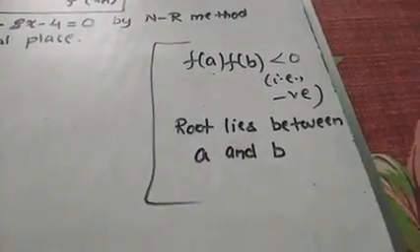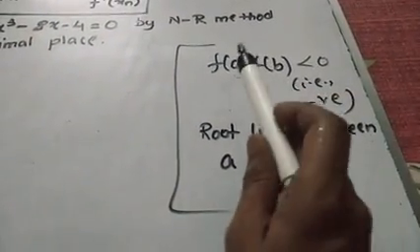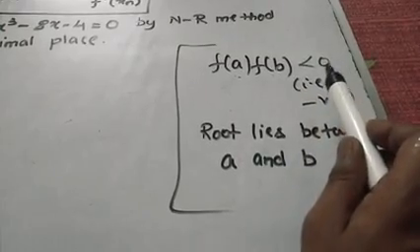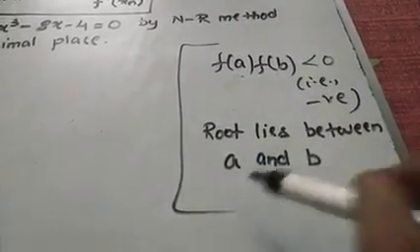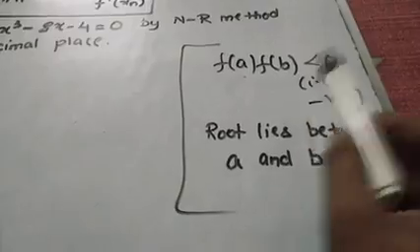This is a fundamental theorem of algebra, that if f(a) into f(b) is less than 0, then the root lies between a and b. So first of all we have to find that a and b.